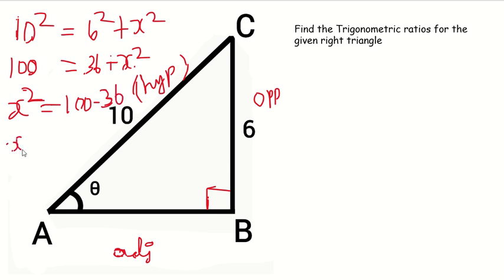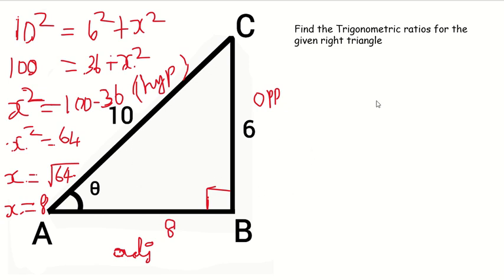So x squared is nothing but 64. Right? So what is x now? X is nothing but the square root of 64. Square root of 64 gives you 8. So x is 8. So the adjacent side is 8. Now we know all the sides, right?